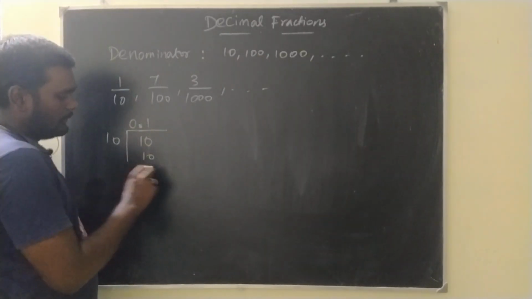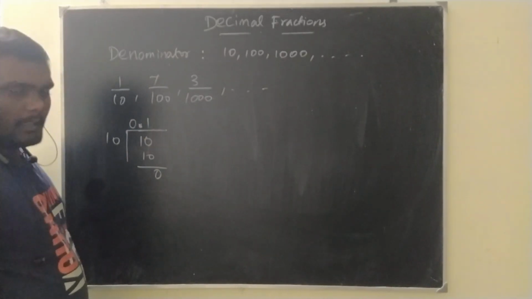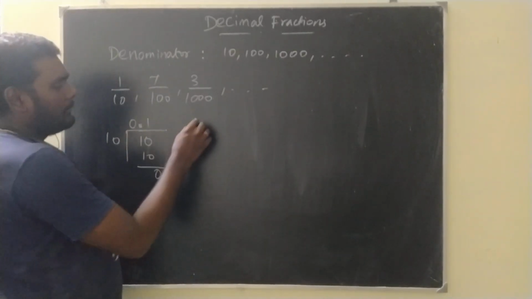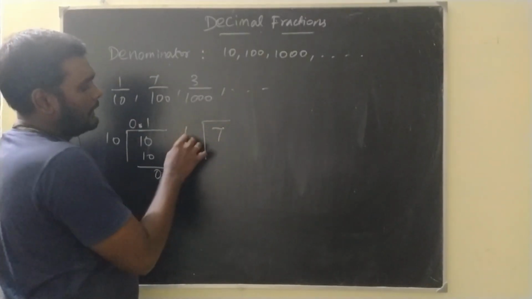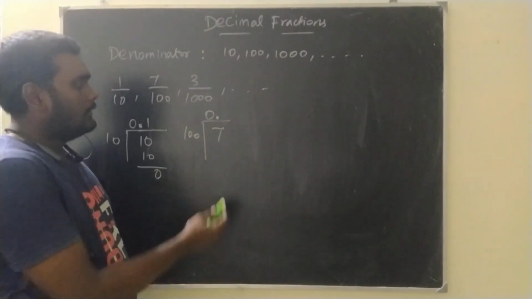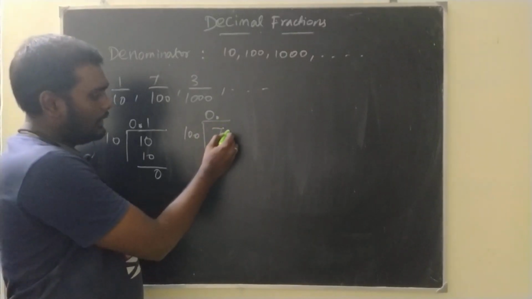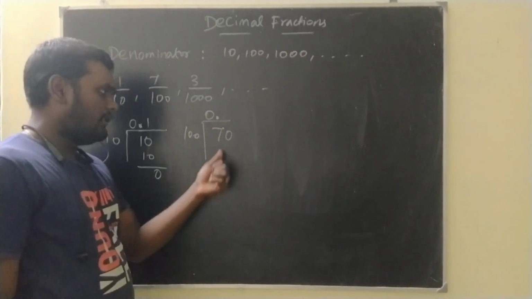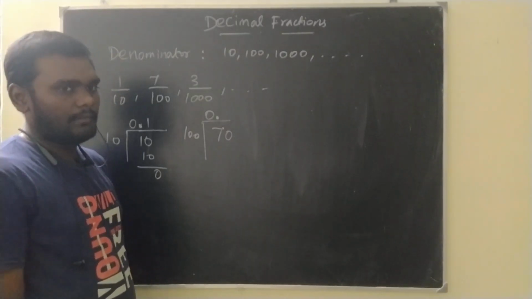So 10, 0. Okay. In the same way, when you divide 7 by 100, 7 inside, 100 outside, 0 is there, 7 will not be included, so I kept one decimal point and added one 0. Will it be divisible now? Again it is not divisible.